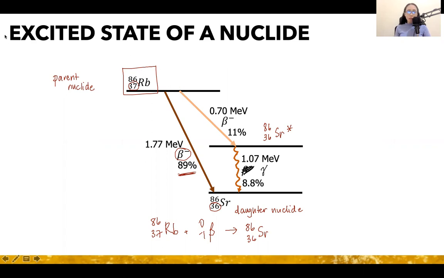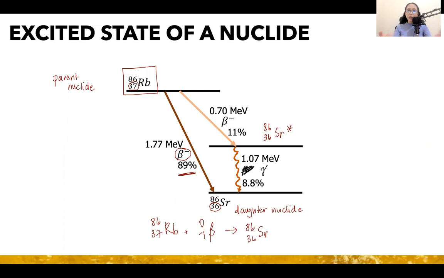So again, if you have a population of a certain radionuclide, a fraction of this population undergoes one pathway to form the daughter nuclide, and the rest of the population undergoes a different pathway.